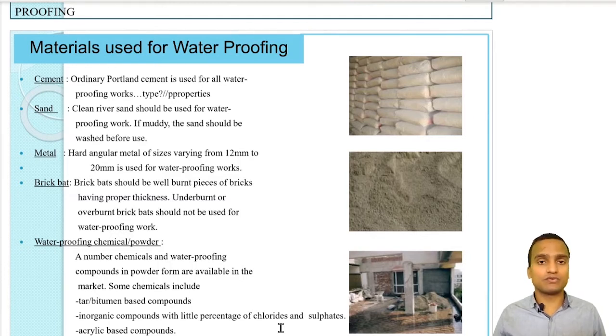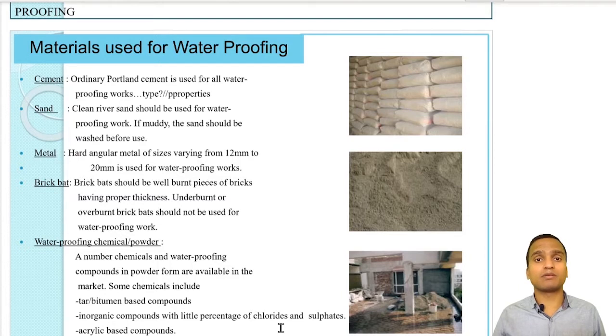And then we also use metal, and those metals have to be hard angular metals of size varying from 12 mm to 20 mm, and those metals are also used in waterproofing works. And then comes the brick bat. Now these brick bats should be well burnt pieces of bricks, the normal bricks that we use.